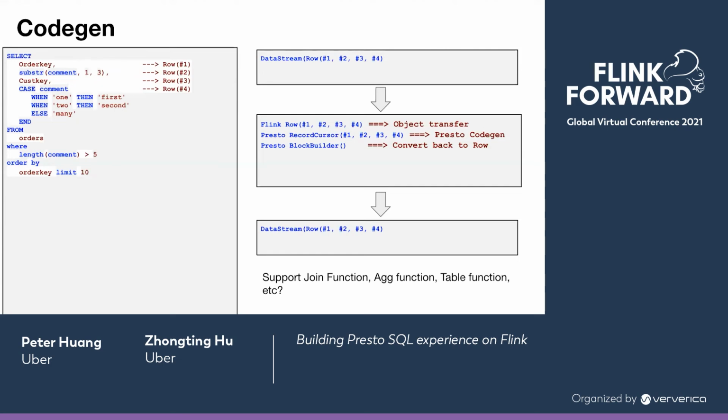Then we also do the calculation, basically the code generation on this block, using the Presto native CodeGen mechanism. Finally, it needs to transfer back into the DataStream, which is a row-based structure. So from this graph you can see we have two translations happening during this SFP code generation. This is a very simple case with only scan, filter, projection.